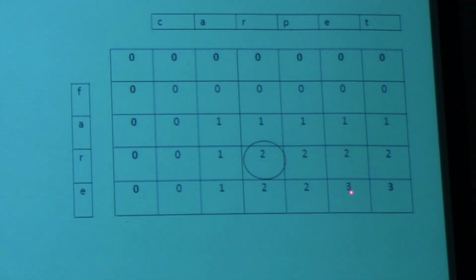Here we have E against E. That's a match, so we take 1 plus diagonal, which is 3. Finally, by the time we get here, it's not a match, but we get the max here, which is going to be here. So the LCS occurs in FARE and CARPE, and the T doesn't add us anything.